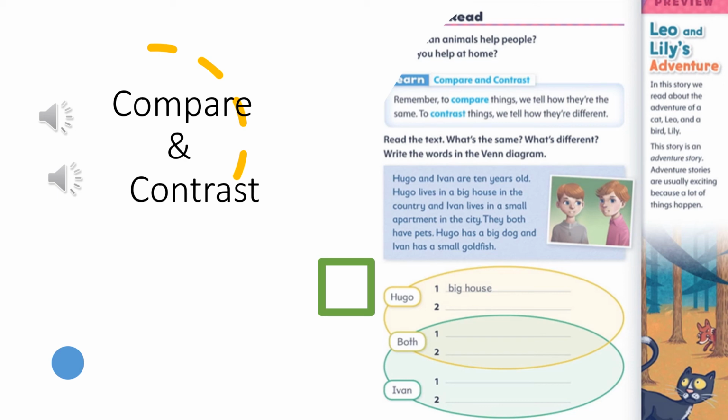In a big house, which is already written. And where does Ewan live? Small apartment. So write down in the Ewan column number 1, small apartment.